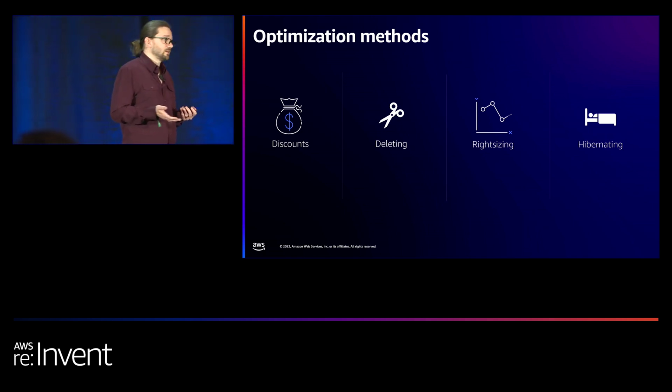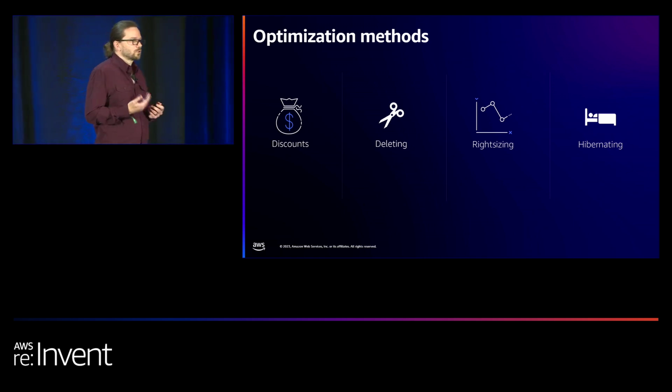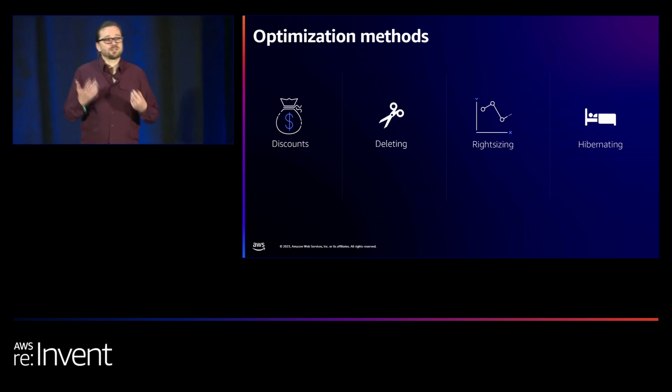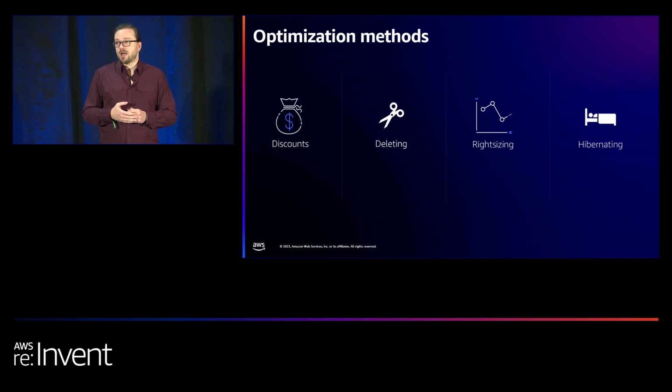We think of deleting. I think this is everybody's most common experience, like unattached EBS volumes, IP addresses that are no longer in use and not serving a purpose, resources that may be forgotten because application teams have changed or moved or changed priorities.